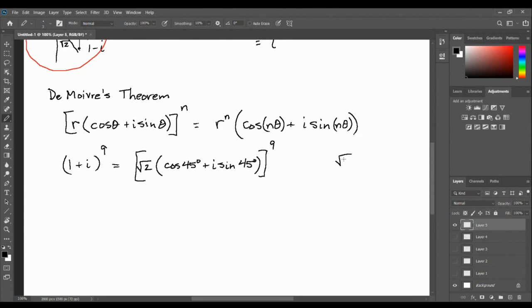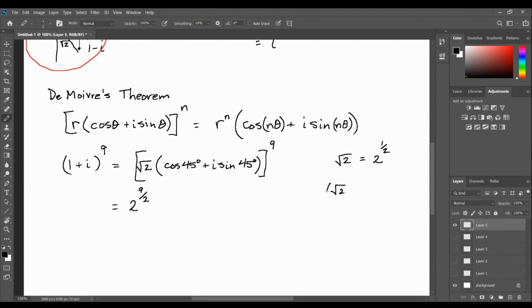As a reminder, another way to write square root of 2 is 2 to the 1/2 power. Sometimes it's easier if we raise that to a power like that to see what we're doing, because the square root of 2 to the 9th power now becomes 2 to the 9/2. Notice r to the 9th.